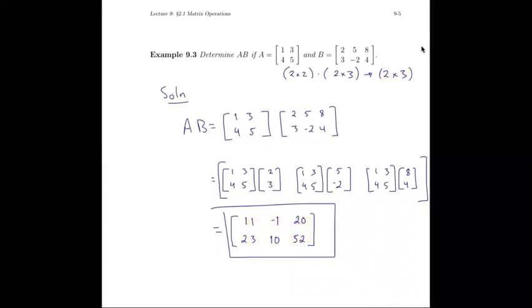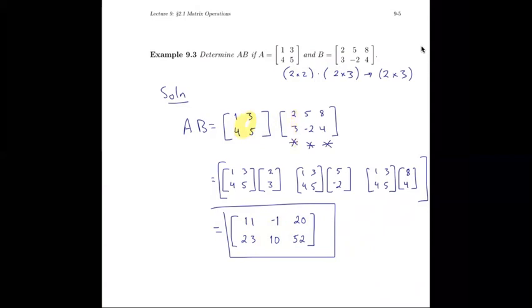So always carry out this check to make sure that the product is even defined before you start trying to do the work. If you do start to do the work and you realize that maybe the matrix B has 3 rows instead of 2 rows, then when you try to multiply this matrix times each of these vectors, it's undefined.